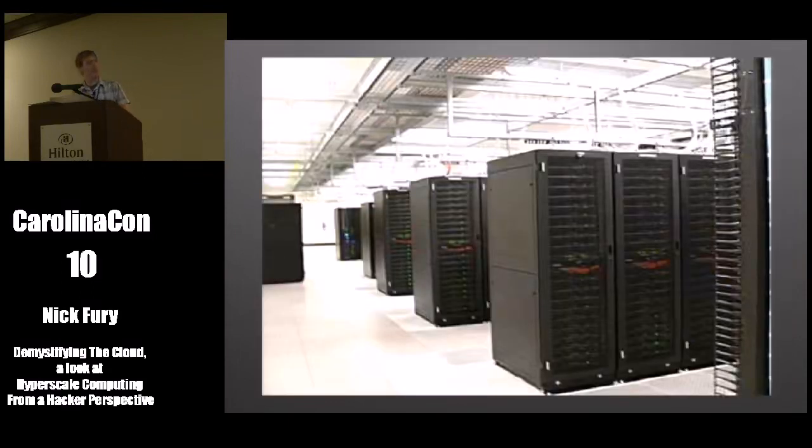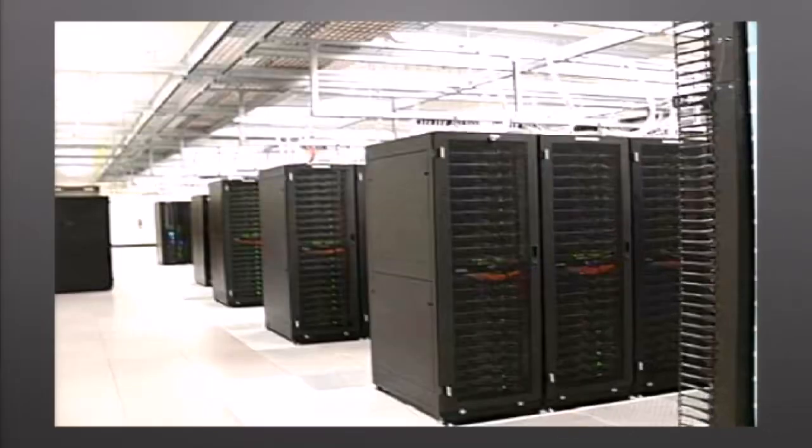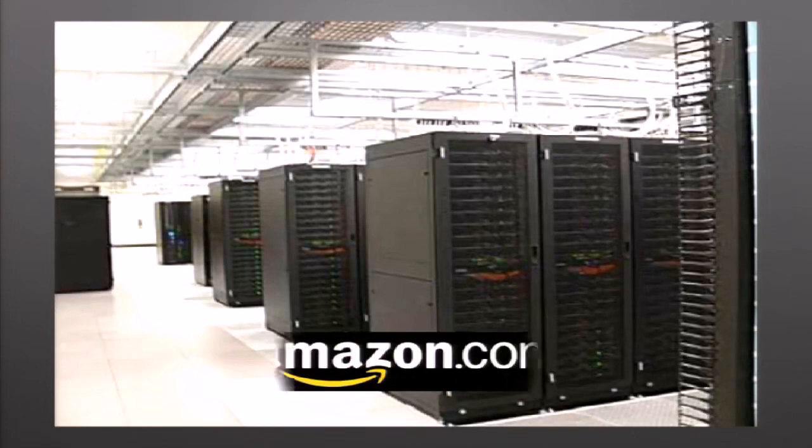So yeah, that leads me to these guys. Anybody? And this is blurry as hell. And if you can't tell, Amazon. So the reason it's blurry as hell is because finding out anything about what these guys are doing has been extraordinarily difficult. Everybody thinks Apple's really good at keeping secrets.